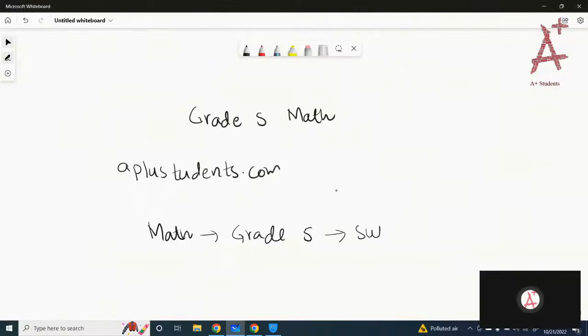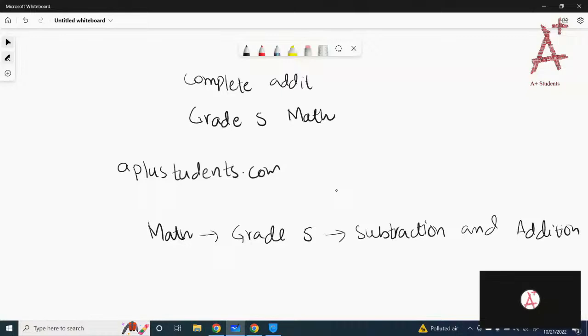We are actually already working on the chapter subtraction and addition. And the topic we are going to start with is complete addition and subtraction sentences. Let me write down the topic name.